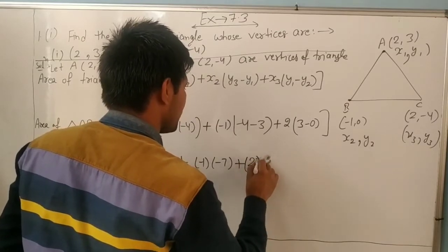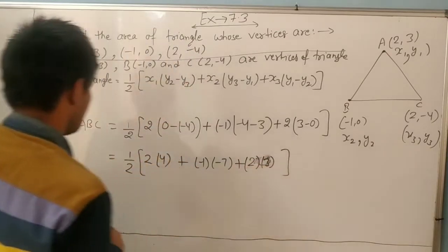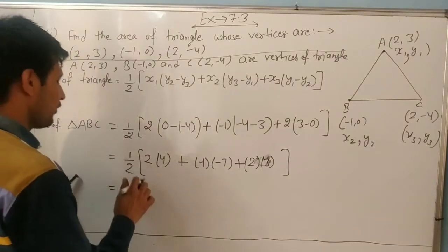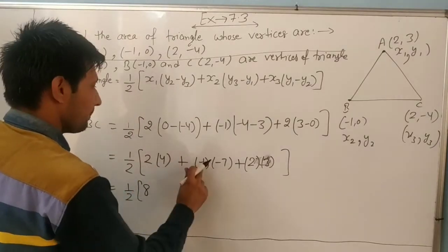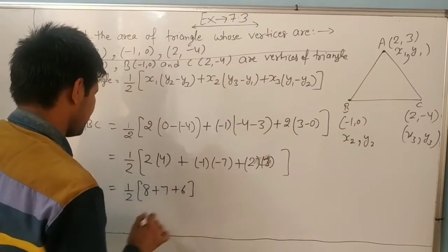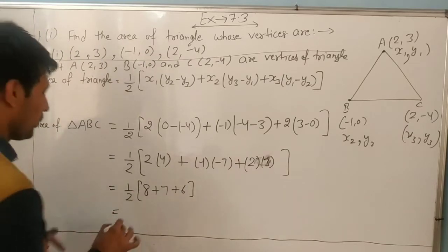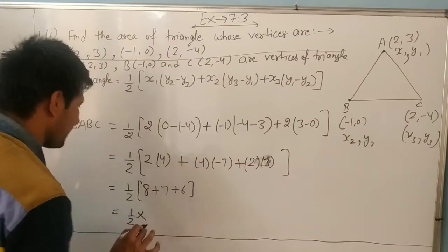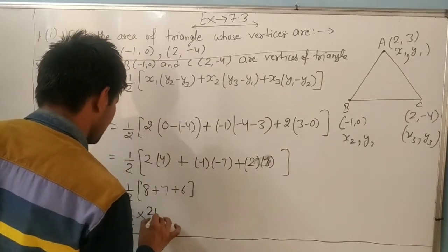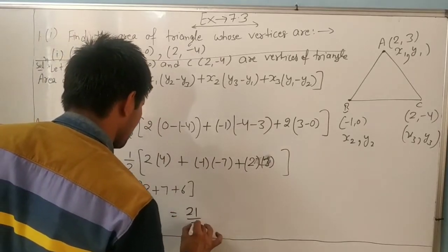So 1 upon 2, 2 into 4, 8. Minus 1 into minus 7 is plus 7, plus 6. So the answer is 1 upon 2 multiplied by 8 plus 7, 15. 15 plus 6, 21. So it is 21 upon 2.